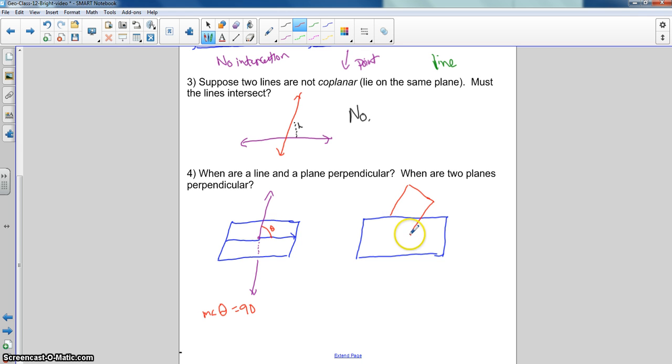Here's that plane, and then it goes through and comes out the other side. And again, here would be a line on the plane, and another line that is on the other plane.